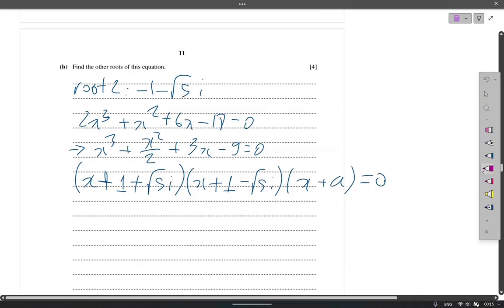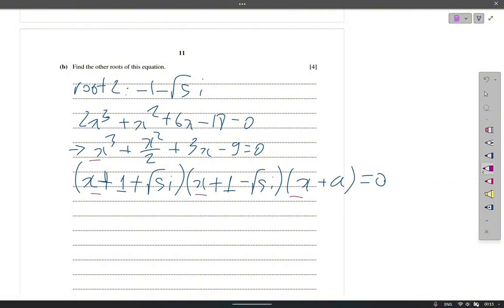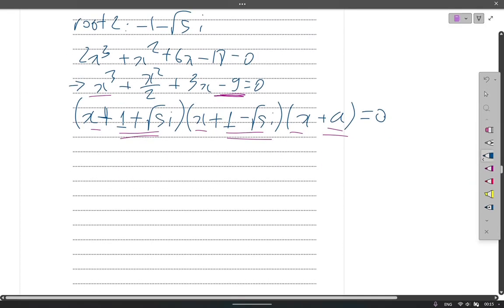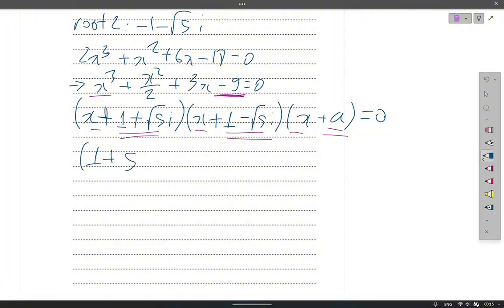And since all the x's add up to this x cubed, we can just say the product of the roots is equal to minus 9. So we have this equation shown here.